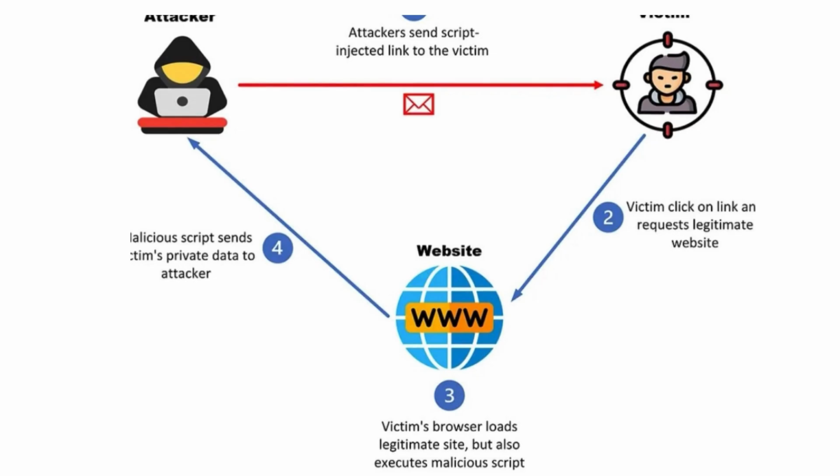And now the last but not the least is step number 4. The malicious script sends the victim's private data to the attacker. In this process, at last, the attacker gets the private data of the victim. So we have to be aware of it.